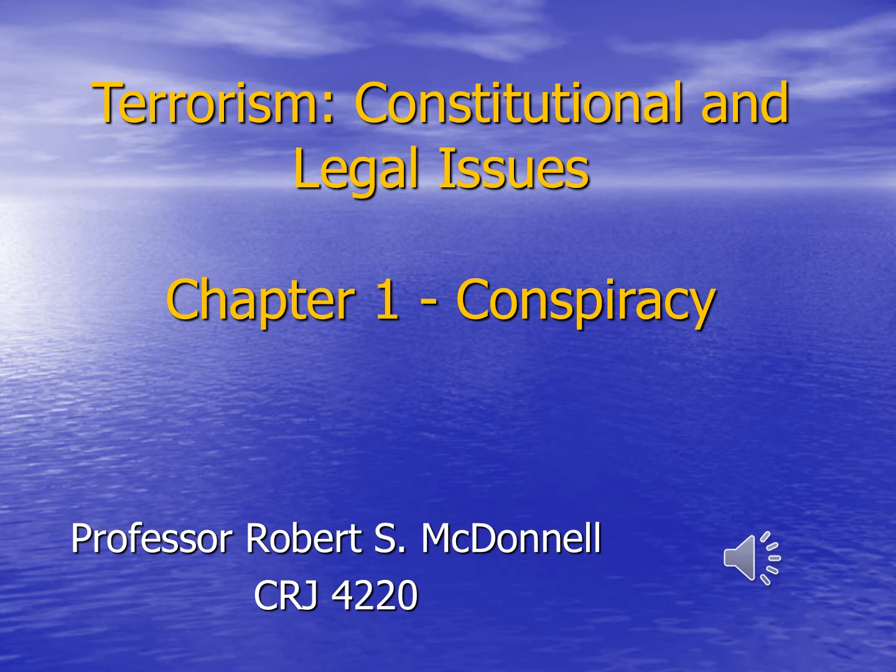Probably the easiest example I can give you would be a drug operation. Let's say, for example, the top link, you have the individual maybe in Colombia, where they're involved in the growing of the coca leaves and the conversion of those leaves to cocaine.